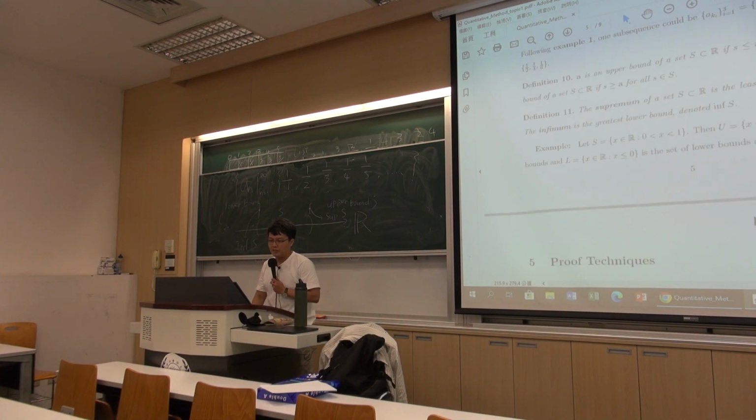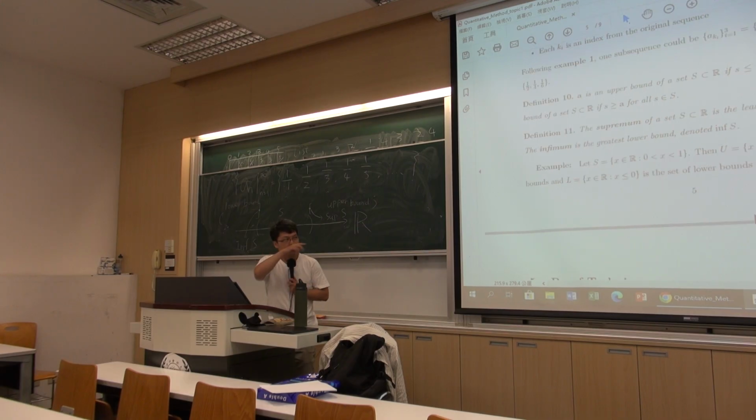And if we use a more concrete example, which I listed here, let's say that this set is from 0 to 1. So this is 0, and this is 1.